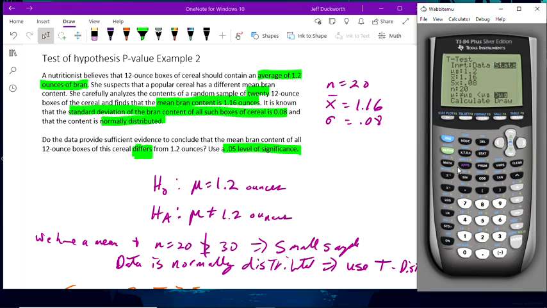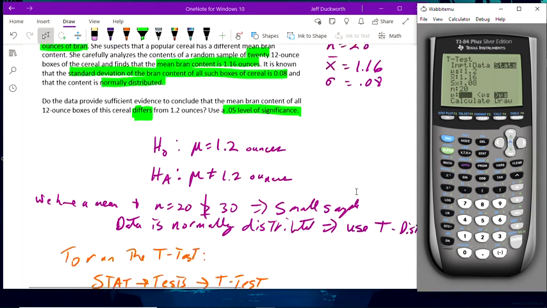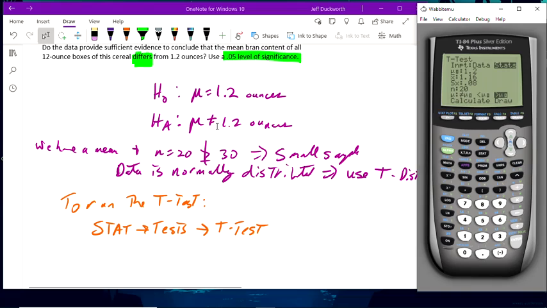We're not going to do it, but the calculator needs to be able to know which sort of test we're running. In this case, it's a two-tailed test, and doesn't equal is our option here. So we're going to choose doesn't equal by hitting enter there. And that's all we need. Now we can go to calculate. We have the test statistic t, but more importantly, we have this p-value. It's 0.0375.